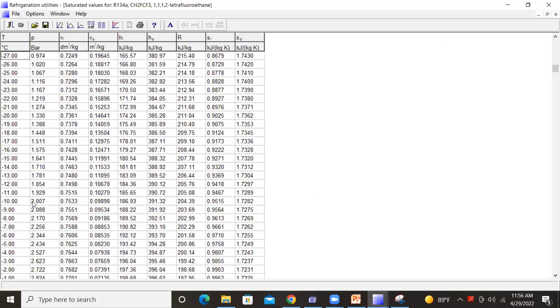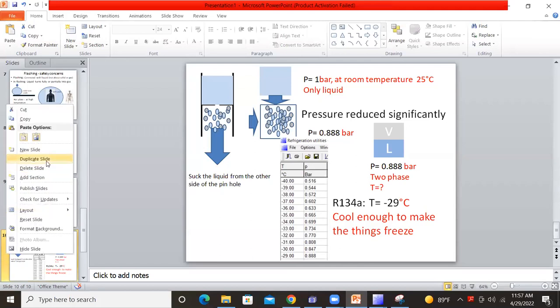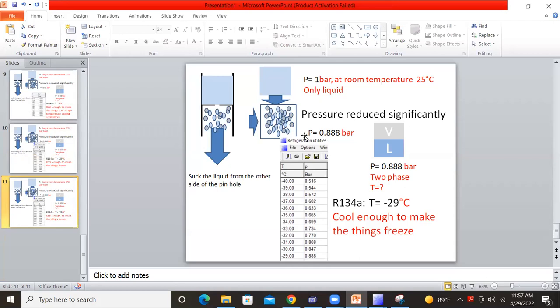This is absolute. So if this pressure becomes 2.007, temperature is minus 10. So I take this R134A, 2.007. So temperature is minus 10. So cool enough to make things.